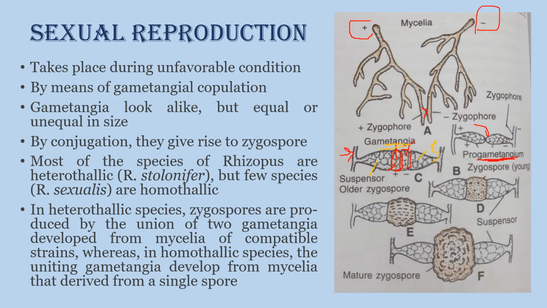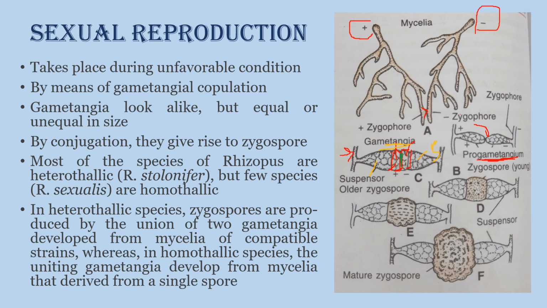The gametangial region is rich in storage matter, as well as dense in nuclei. The membrane that is opposing both the gametangial regions, this region that I'm drawing in green, dissolves.